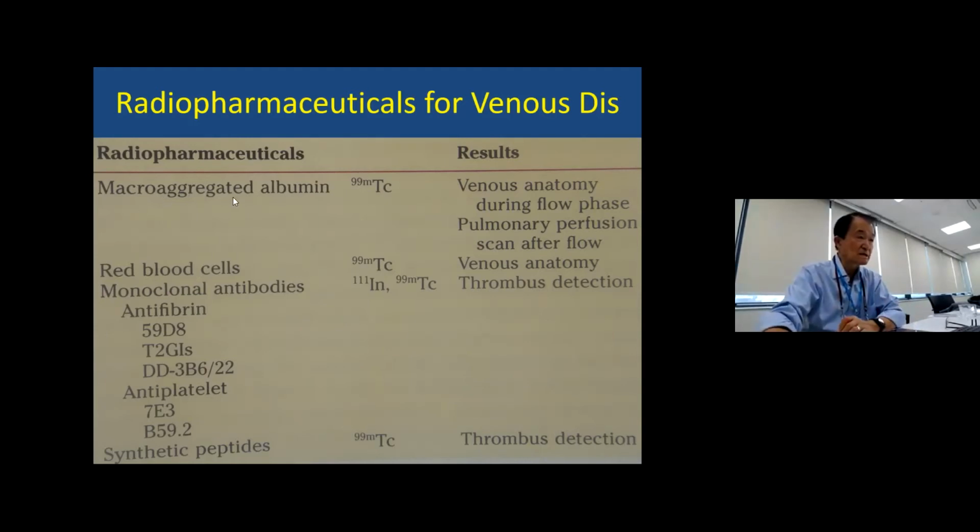And this will all eventually trap in the lung capillary, so we have a lung perfusion scan. If we cannot cannulate the foot vein, then we do a whole body technetium red blood cell study. Then you can only evaluate large vessels, like the abdominal aorta, inferior vena cava, or iliac, but the small veins in the lower leg and upper extremity are not easy. The femoral vein is okay, it's a large vein.